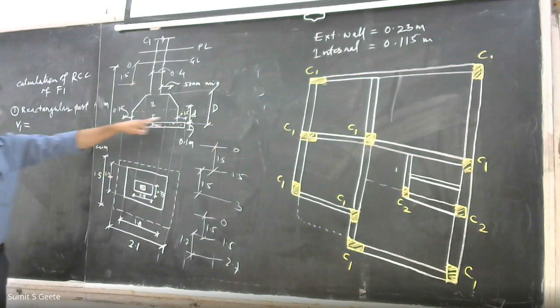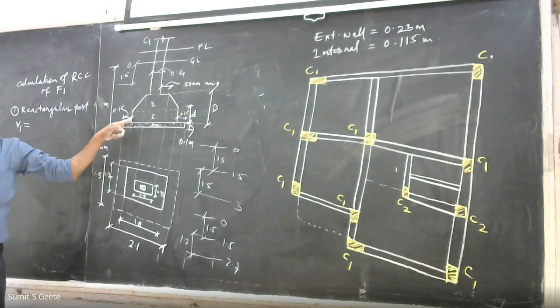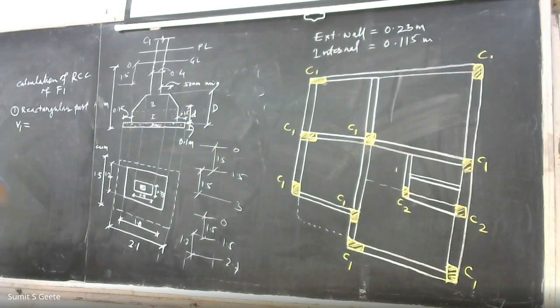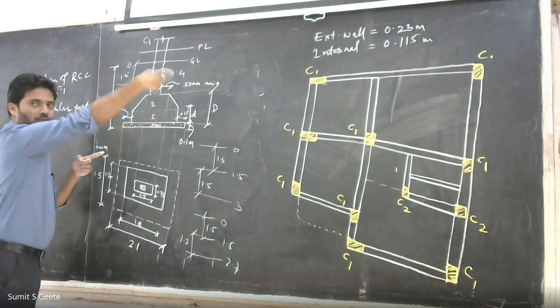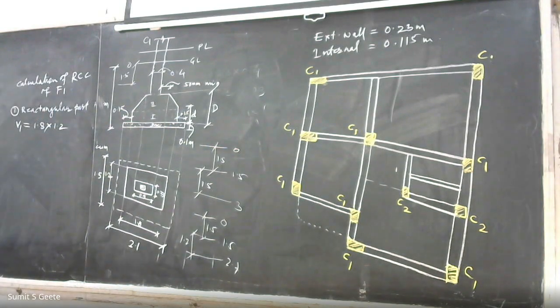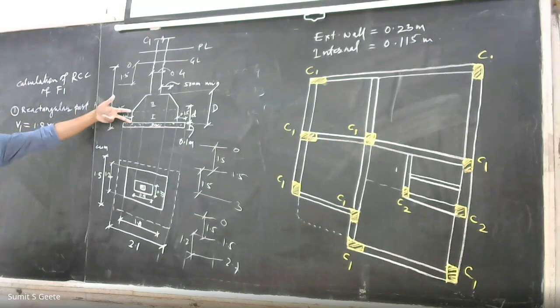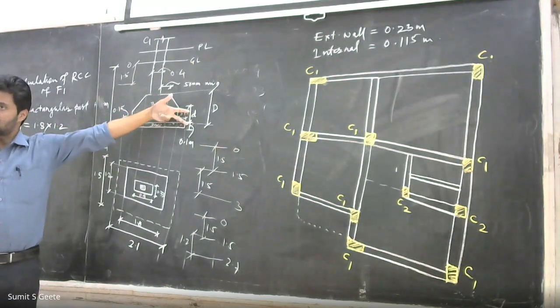ये जो rectangular part है, इसके planned dimension आपके पास है. Size of footing is given to you. So tell me size of footing. 1.8 by 1.2. This is the size. Now what is the depth of your rectangular part? ये rectangular depth आप किससे define कर रहे हो? Small d.